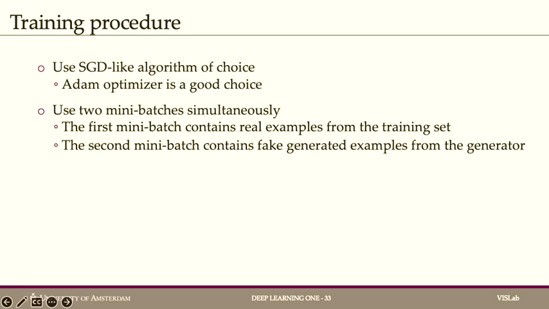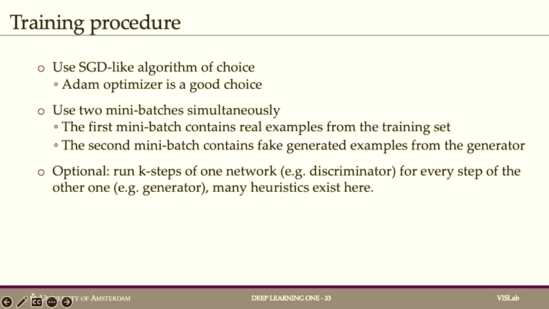Typically, these simply get mixed. There's also the option to run multiple steps of one network for every step of the other one. There are a bunch of heuristics here, and there's no consensus on which one works better. In the end, you will have to try, and there are some overview papers which tell you which one works better, but there's no rule here at all, pretty much.